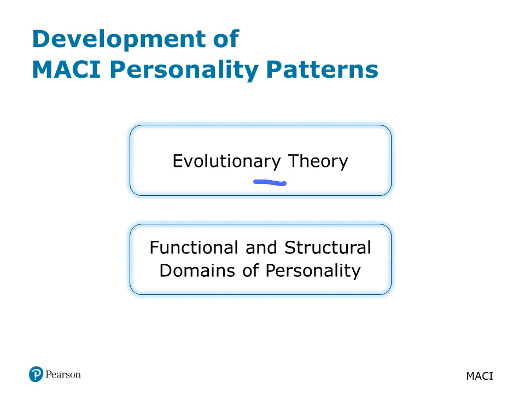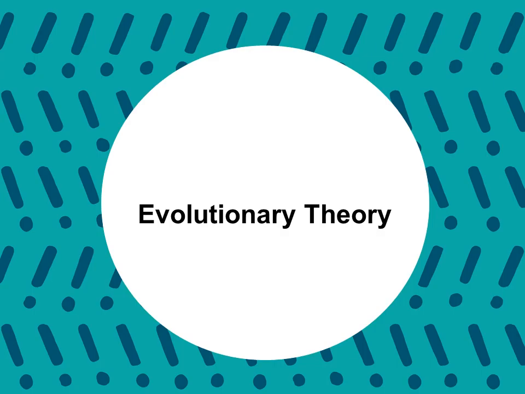And each of the 12 personality patterns is also described in terms of clinical features that fall into functional and structural domains of personality. So I want to consider the personality patterns first in relation to Dr. Millon's evolutionary theory.